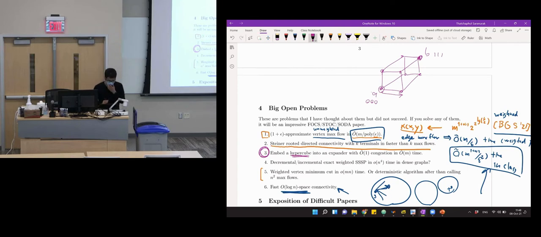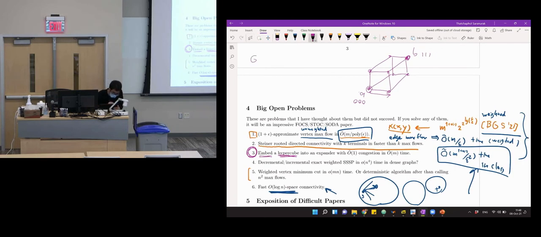Now, this question asks, given any expander G, and let's say it's a uniform degree expander, actually let's say with a degree log n.